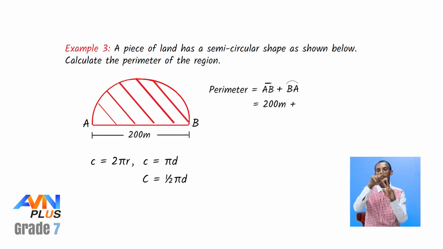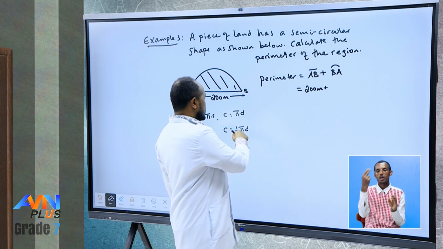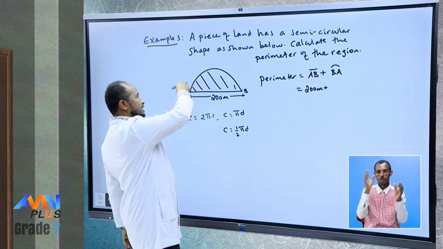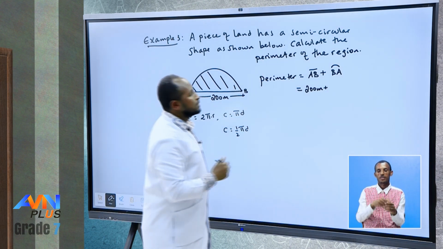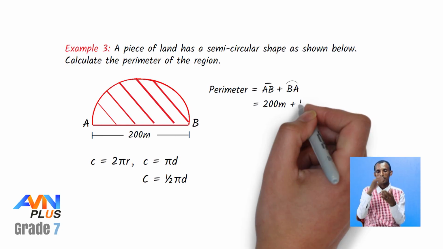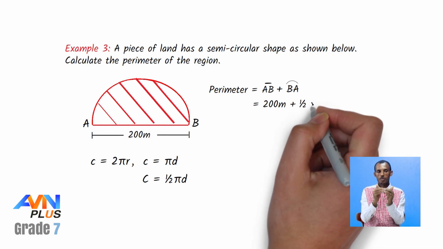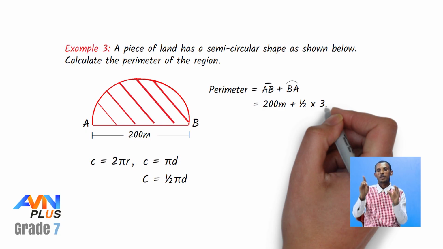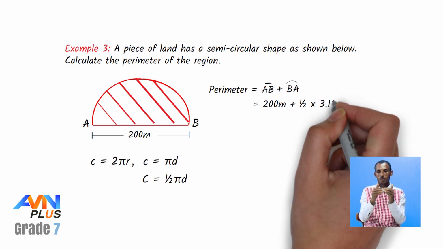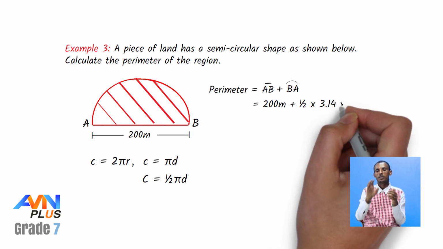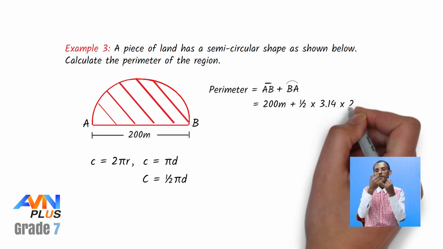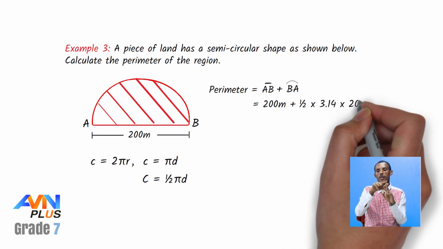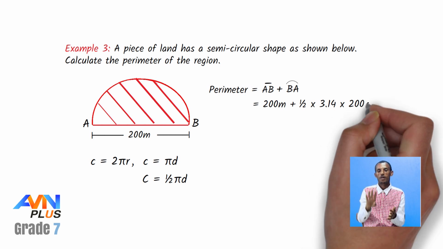Therefore, here we use this equation to calculate this length, the half circumference. So BA is equal to half of pi times the diameter. Therefore, this will be equal to 200 meter plus half of, let's use pi to be 3.14, times diameter.